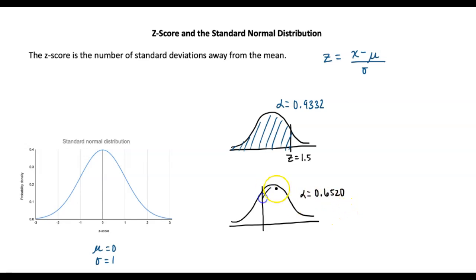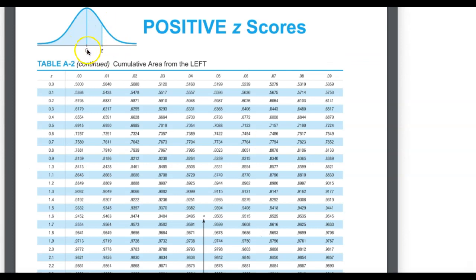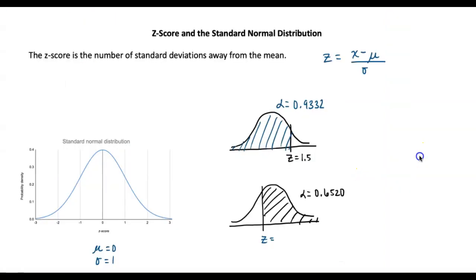I've got that area to the right, and I am looking for that z-score. Well, I'm still going to use the table, but now I'm going to look for that area of 0.6520. But there's one problem here. We said that this z-table describes an area to the left of any given z-score. And so how can I find this area to the left of this z-score?